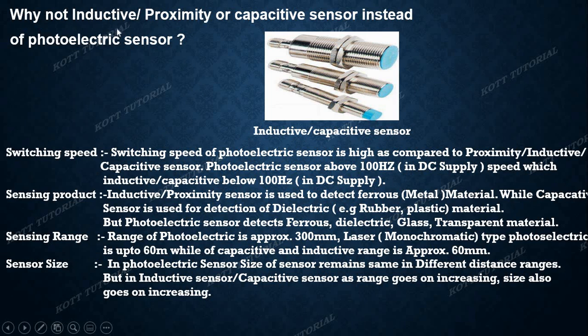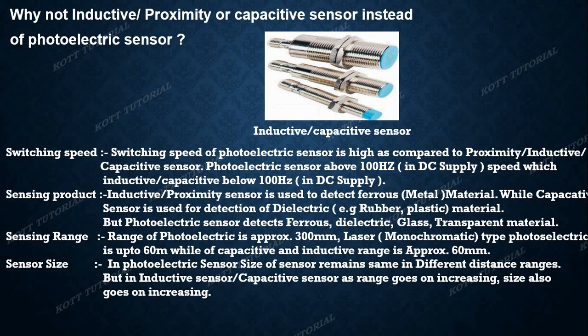Now, why are we not using an inductive proximity or a capacitive sensor instead of photoelectric sensors? Why do we use a photoelectric sensor instead of these sensors? There are many points, but there are four main points. The reason we use a photoelectric sensor instead of a capacitive or proximity sensor: switching speed.